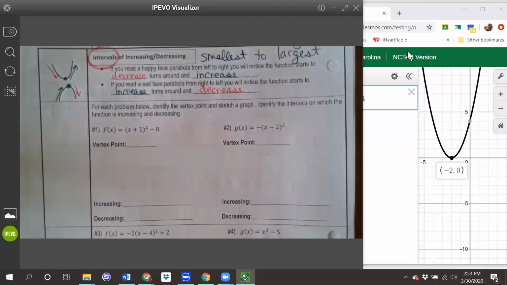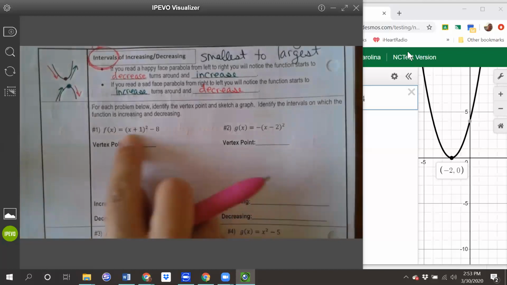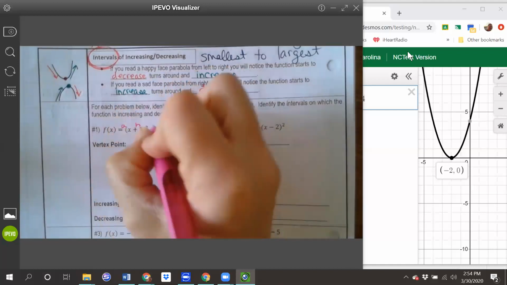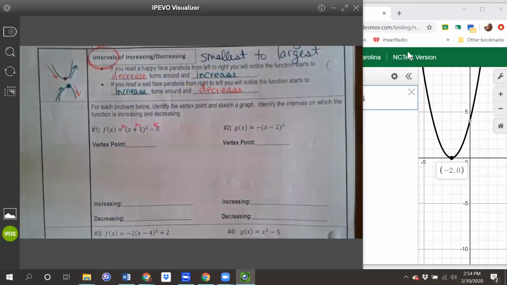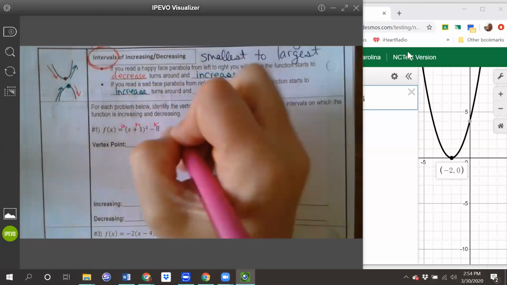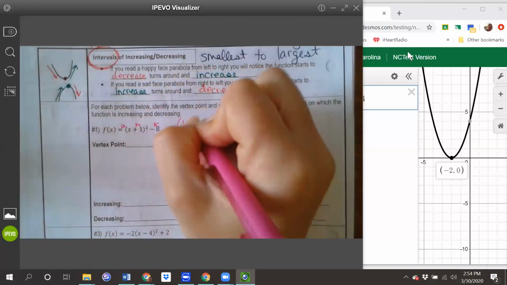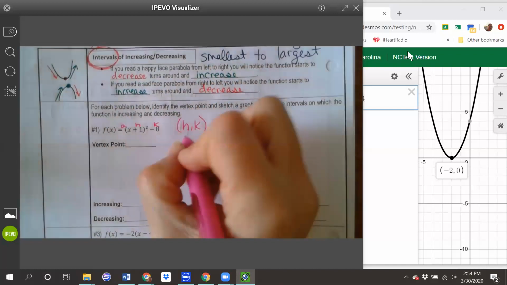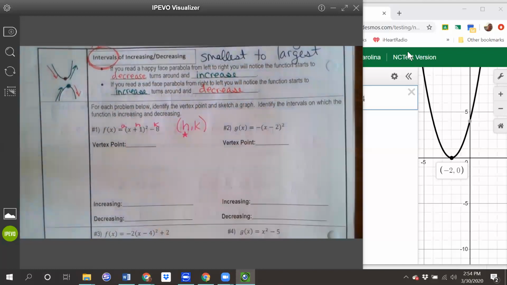So a little review here. This is in what form? Vertex form. So that is your A, and that is your H, and that is the K. And remember that for vertex form, (H, K) is your vertex. Also remember that H is always the one that is opposite.